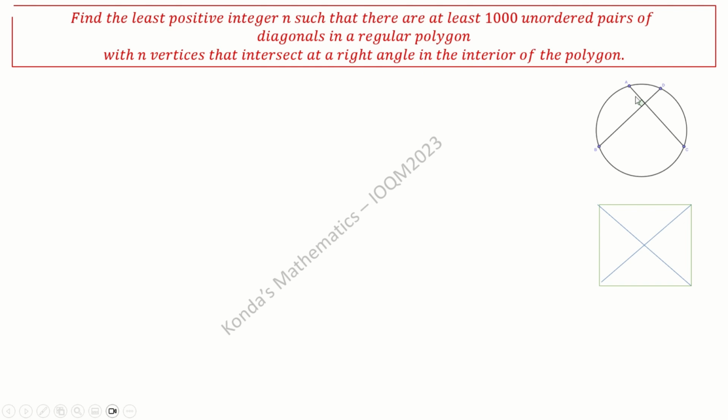So once they are counted, what is that n, the polygon side, such that you form at least 1000 intersections at 90 degrees of the diagonals?